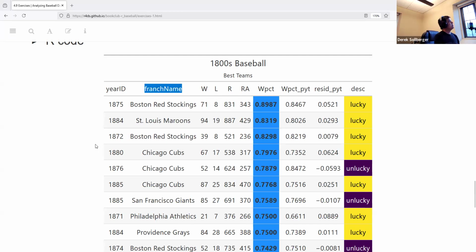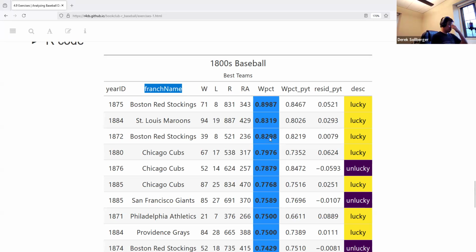So what I did in the Lahman data tables was there's, in addition to the teams table, there's also a table called teams franchise. I merged those tables together. And instead of showing the 3-letter abbreviation, I wanted the full franchise name to make it a little easier to describe what's going on.